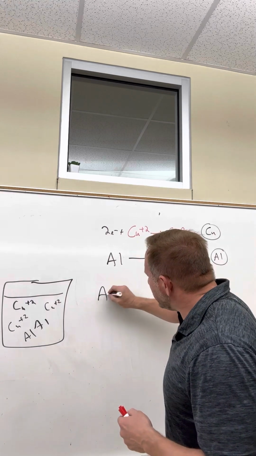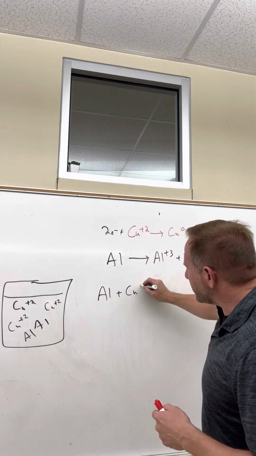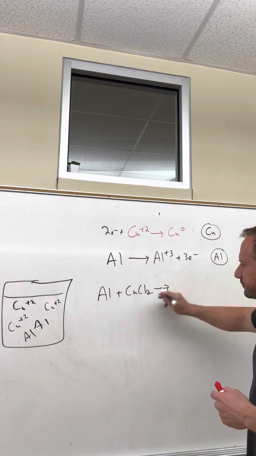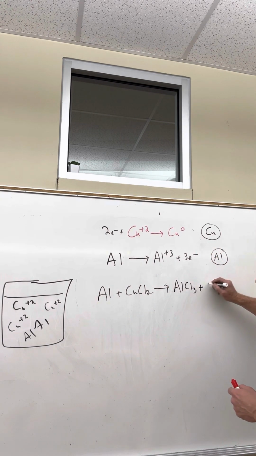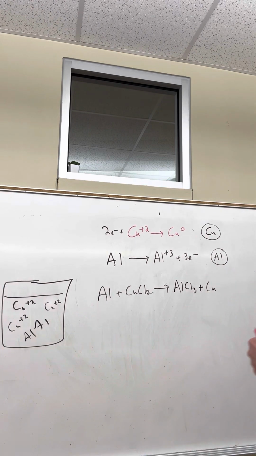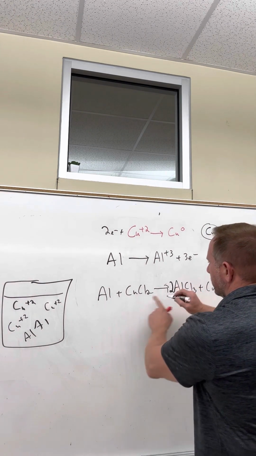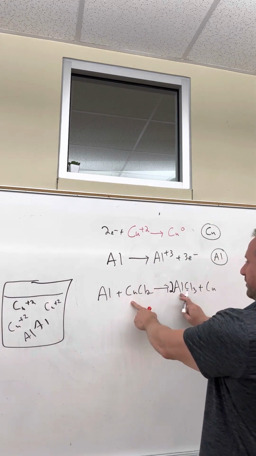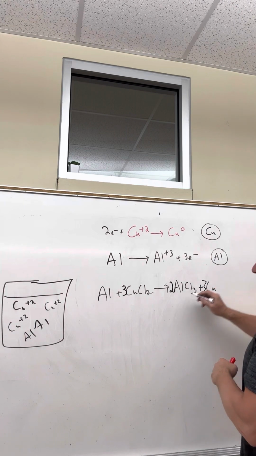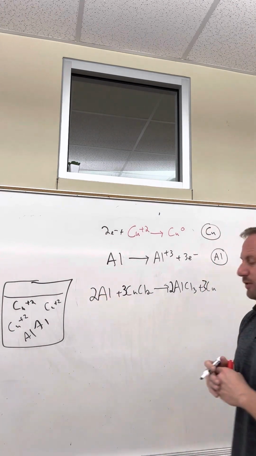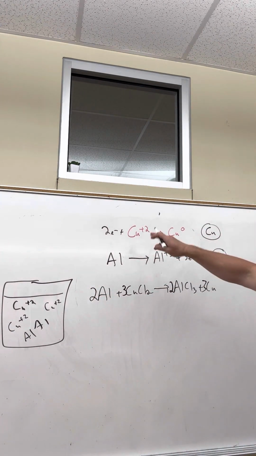We know that when we take aluminum plus copper 2 chloride, we're going to get ourselves aluminum chloride plus copper. And we go back through and we balance this, and we see, oh, we need 2 here, and we got 6 chlorines, so we need 6 chlorines here, which means I need 3 coppers here, and I need 2 aluminums here. Well, let's go back up here.